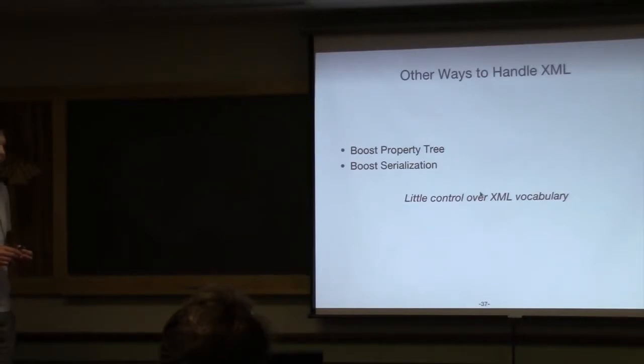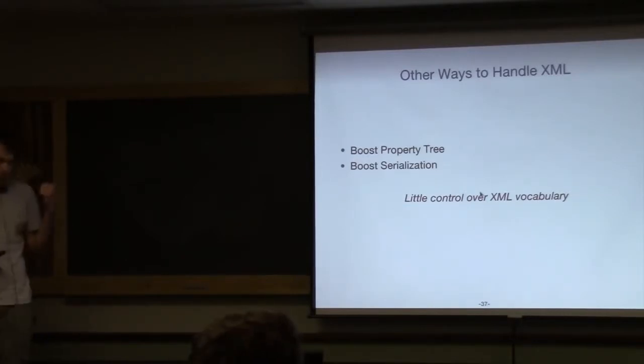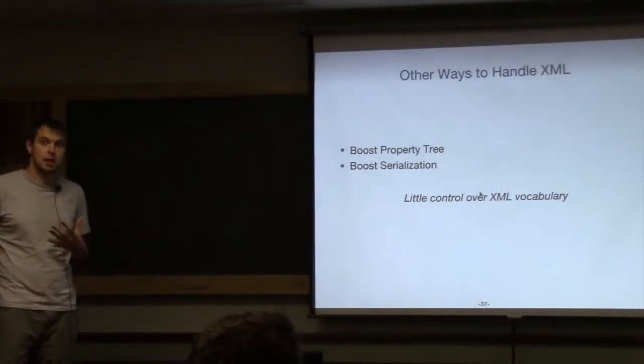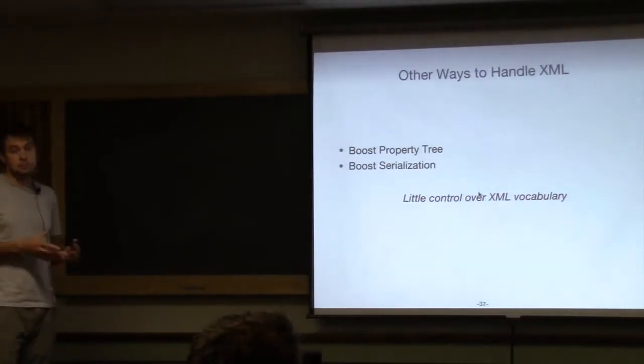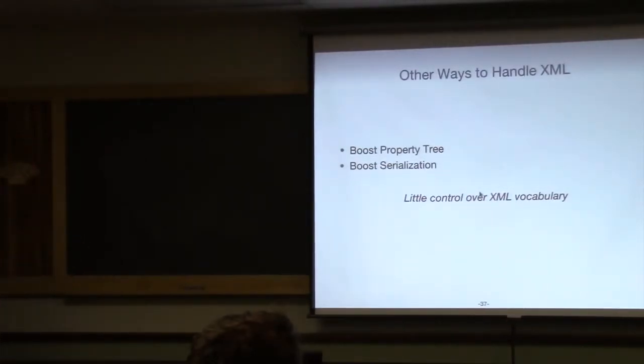You could write your own archive type. But that's a lot. Okay, so the comment was that the Boost Serialization library actually allows you to write a custom archive where you can customize the look and feel of your XML, but it's quite a lot of work.